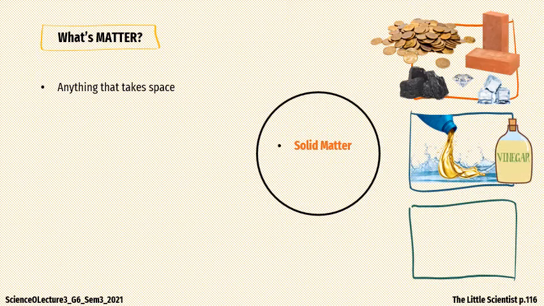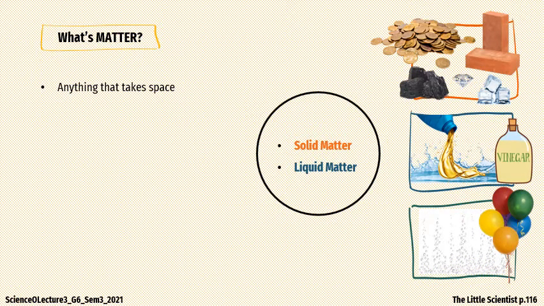While oil, water, vinegar, and juices are liquids, since they do not have a definite volume, but they have a definite mass. Gas bubbles and the helium that we use to blow balloons are gases. Matter comes in three main states: solid, liquid, and gas.